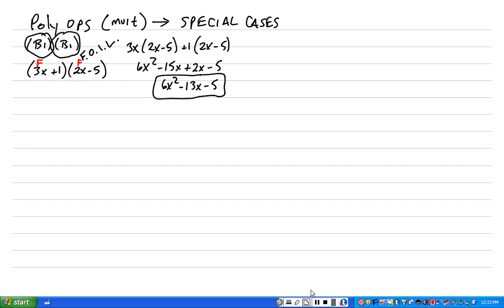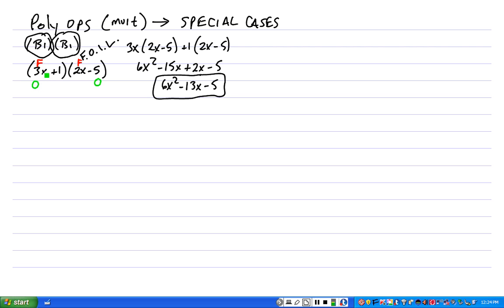Alright? For the outside, the O, outer, we'd multiply this 3x right here times this minus 5 right here. Alright, so each term gets two designations. It'll get an F and an L designation, and it'll get an O and an I designation.